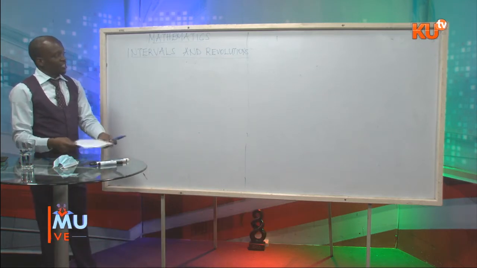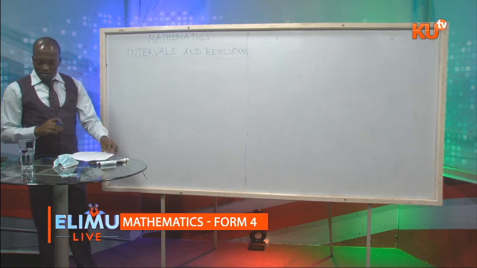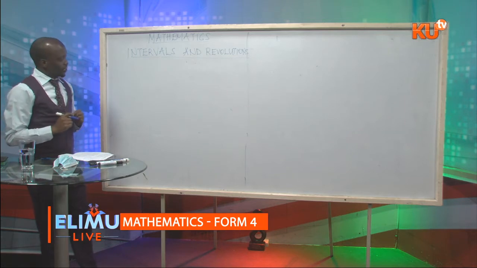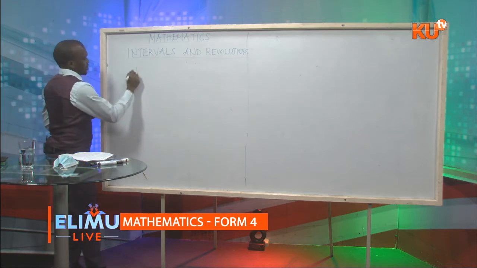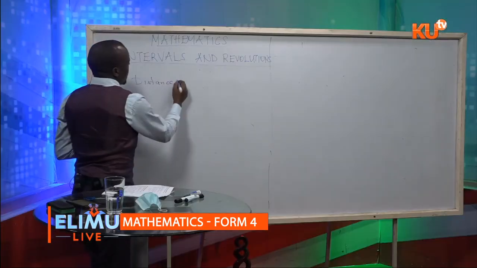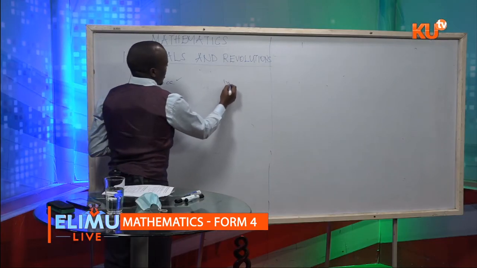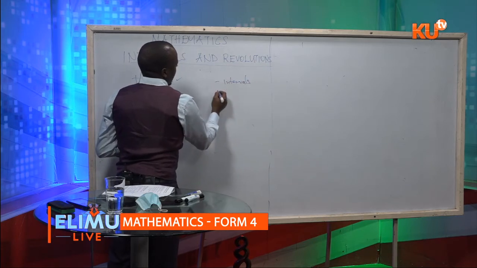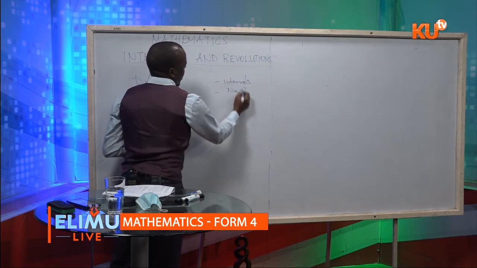Sometimes you are not asked about the number of posts, but what is needed is the distance. You are given the intervals, and you are given the number of posts.